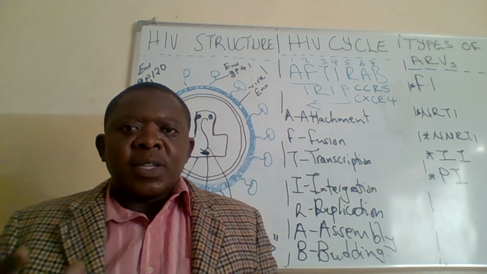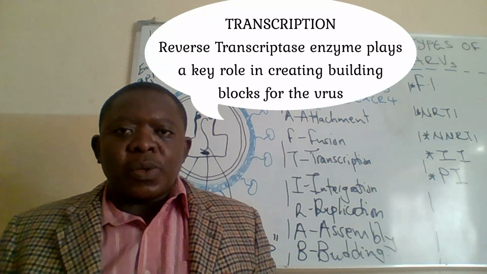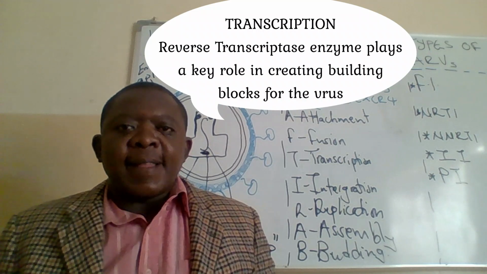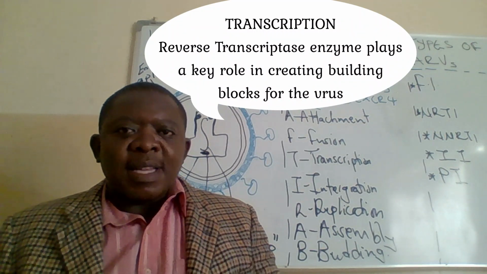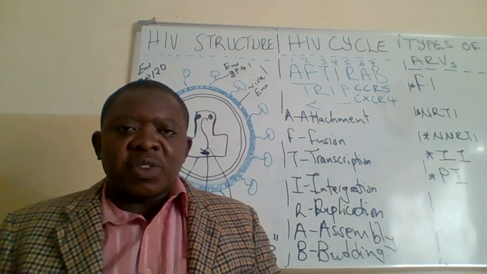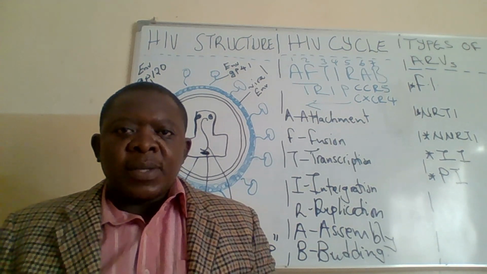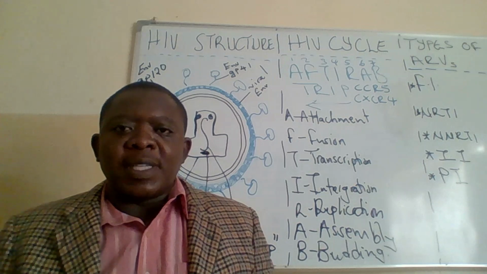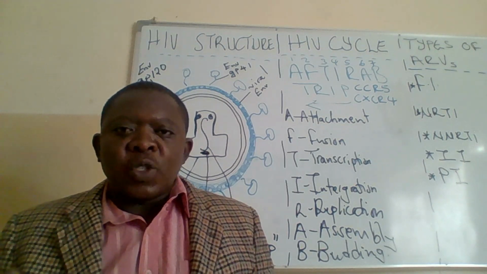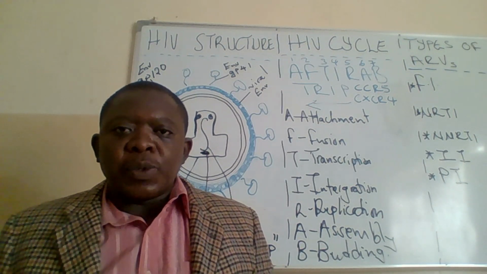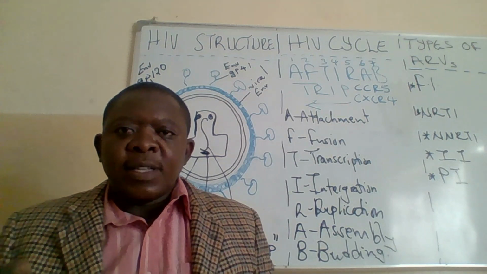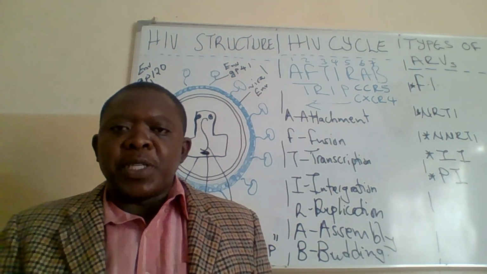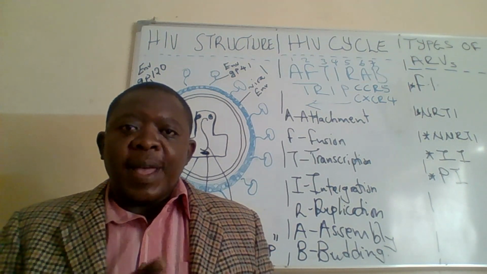Then transcription, that is the third stage. Here an enzyme plays a role, the reverse transcriptase. The reverse transcriptase affects the transcription of the proteins needed for new DNA to be formed, doing a reverse process to make what is needed for the formation of the virus.